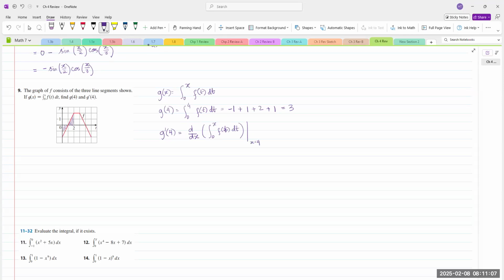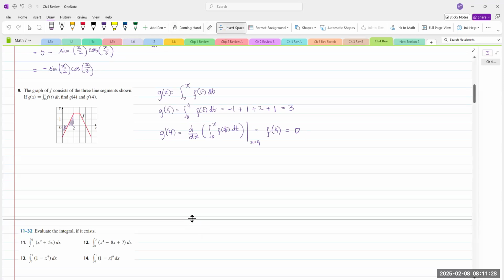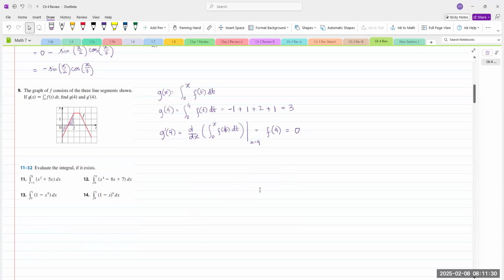Okay, but the derivative of such an integral as a function is f(t) itself. Now f(4) equals... 1, 2, 3... f(4) equals 0. Yeah. Okay, that's f(4) equals 0. That's for number 9. So question number 9 is actually not too hard if you understand what we need to do.